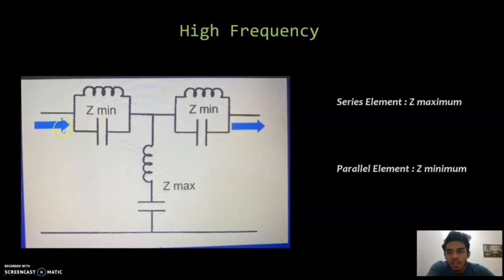Here Z minimum in parallel element, Z maximum is series element. That's the high frequency. So that's three types of band stop: first low frequency, resonant frequency, and high frequency.